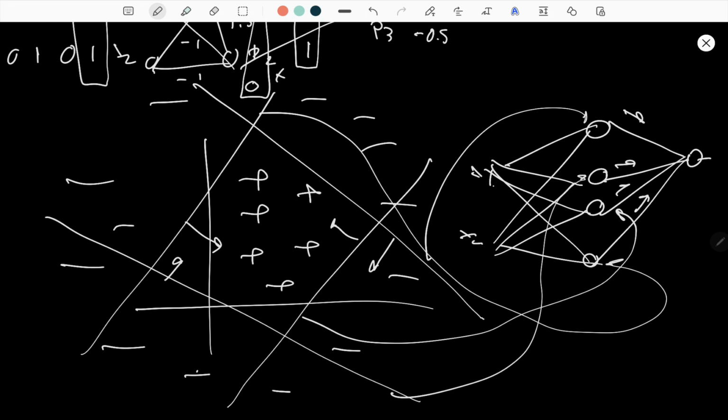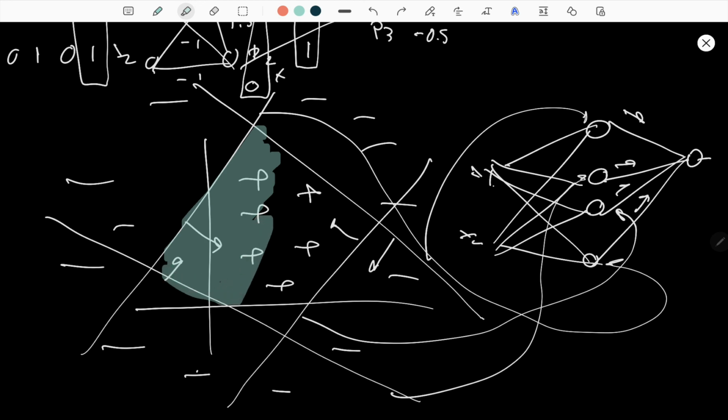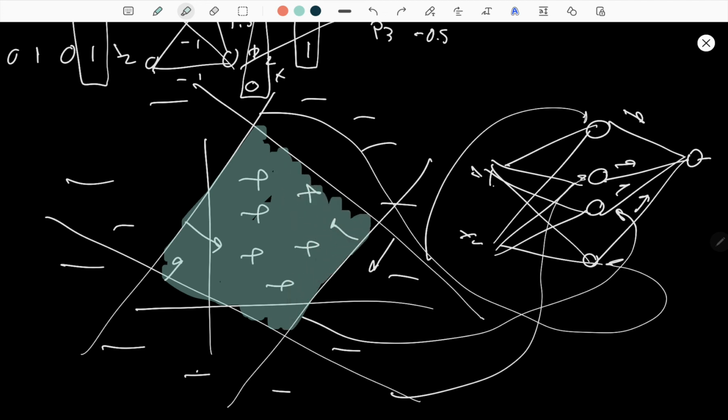Okay, so you will get just only one area that will be classified as the positive class. So I hope that you get the idea how we can use multi-layer perceptron to classify the examples.